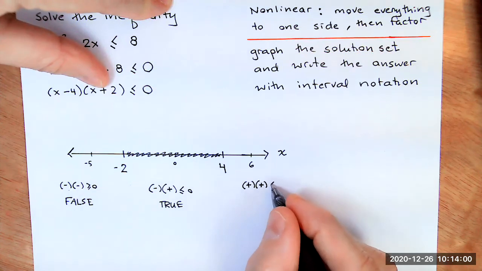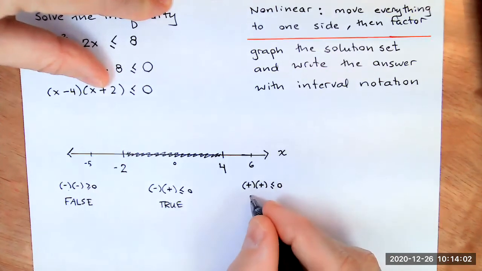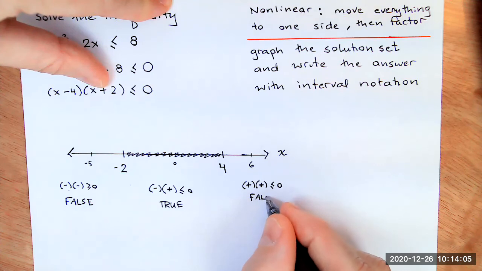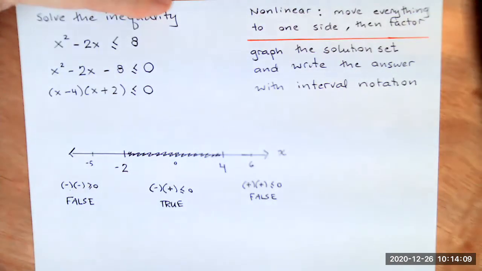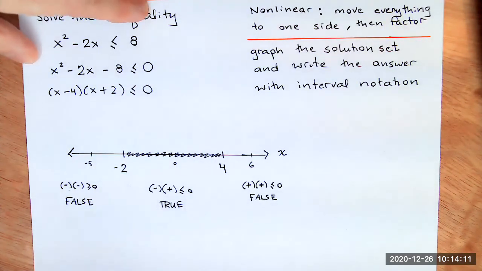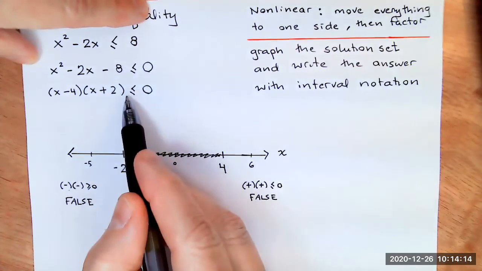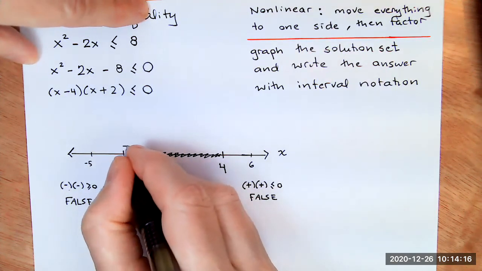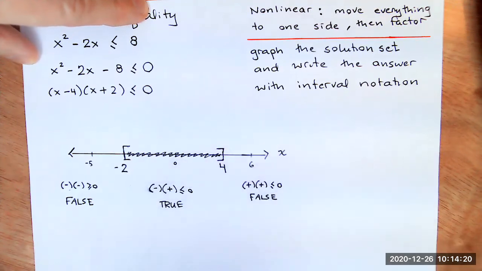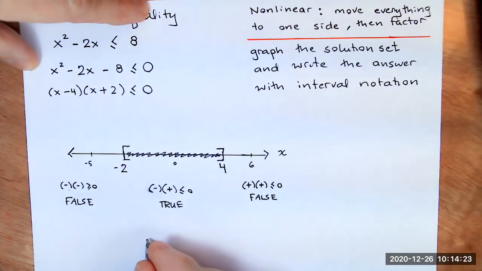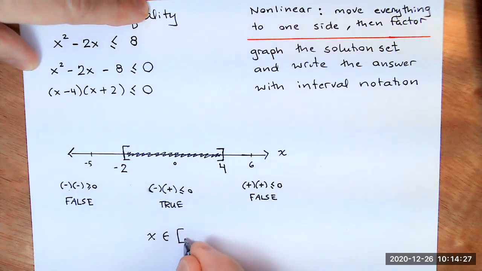Positive times a positive is not less than or equal to 0, so that is a false statement. So these numbers are not included in the solution set. Because it's a less than or equal to, we use a square bracket or a closed circle. We write the solution as x is an element of the set from -2 to 4 inclusive.